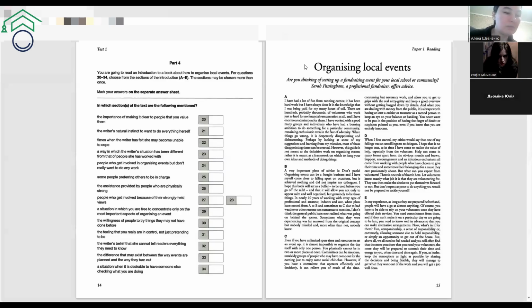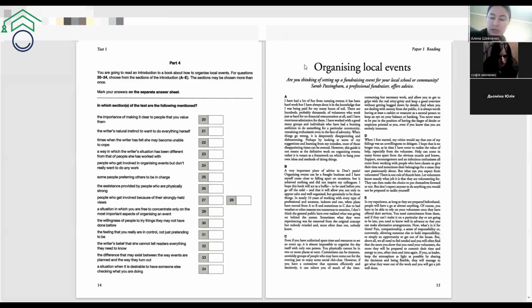You can use the sentence almost in the middle of the paragraph. I hope this book will act as a buffer to be used before you go off the rails, and that it will allow you not only to appear calm and well organized, but genuinely to be those things. Yeah, right, but genuinely to be those things. Not just to appear, but actually to be. You're absolutely right. Good.